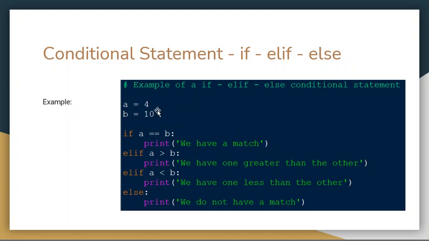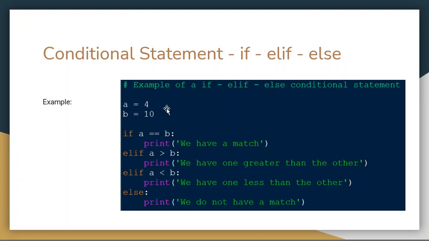Here we have again two variables with two different values, but this time in our first one we're checking, does A equal B? If so, print out. Else if, notice that I have two different conditions in here, so you can add many else if clauses or conditions within the full statement.